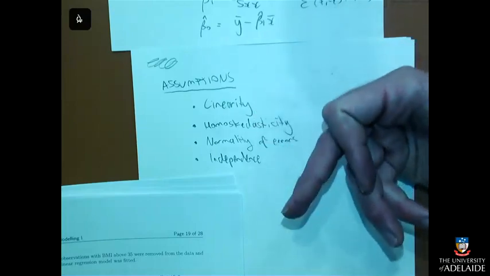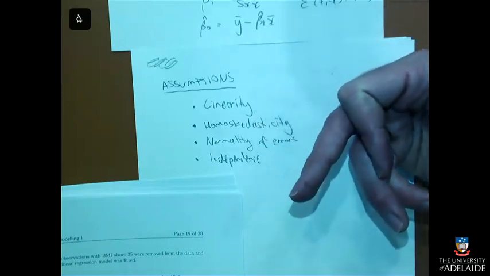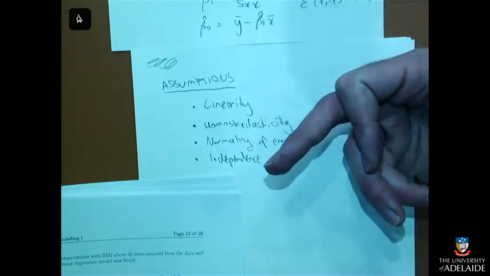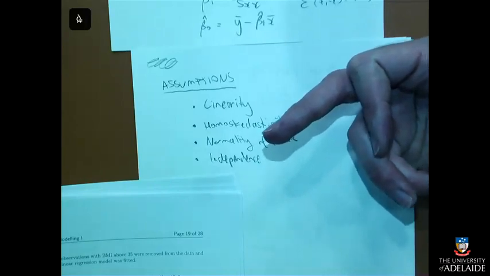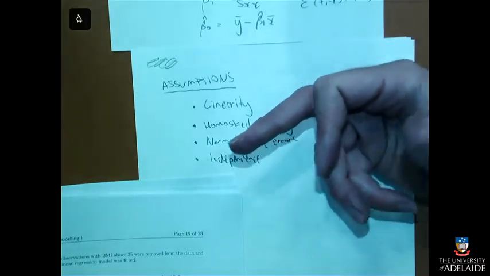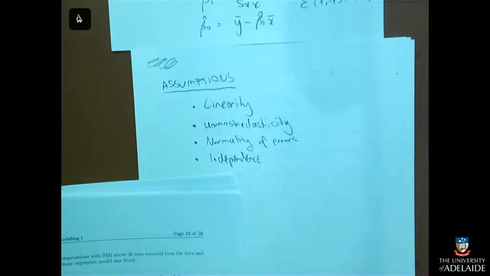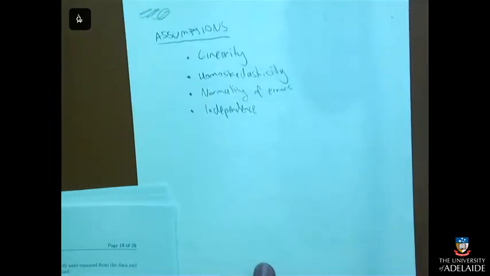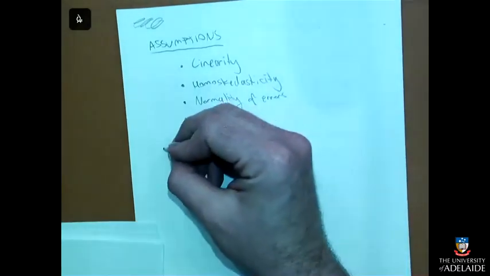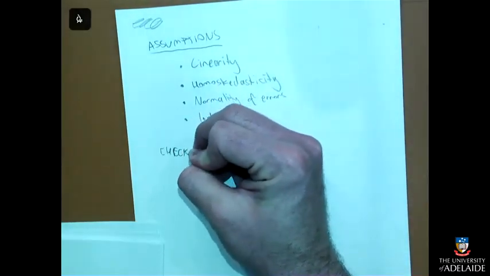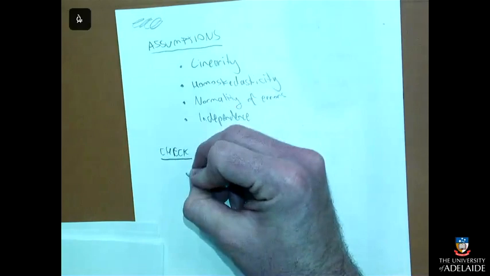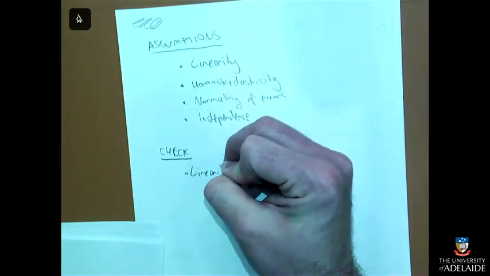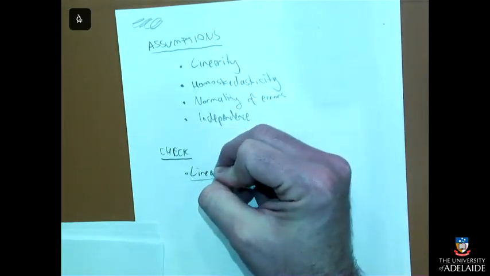Since these are assumptions, you'd want them to be true in order for you to interpret your statistics correctly. And so you need ways of checking it. To check the linearity, you want it that it really is a line.